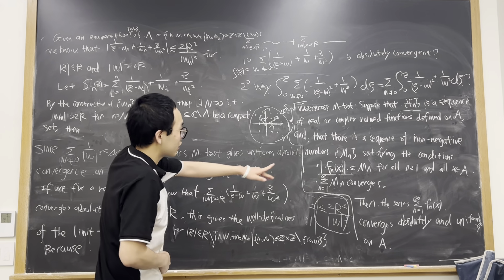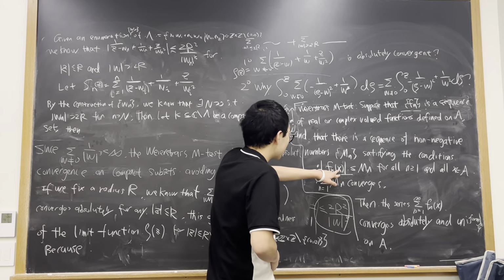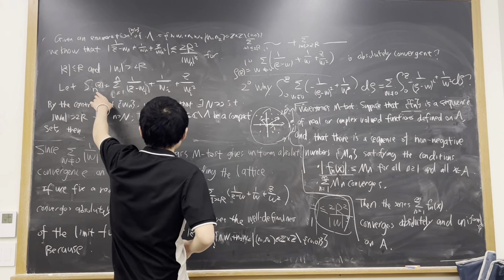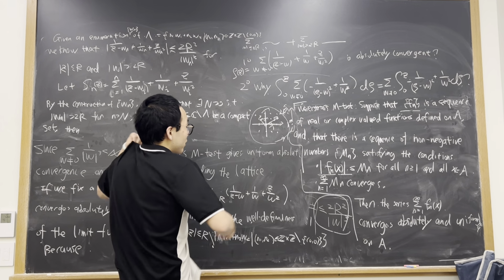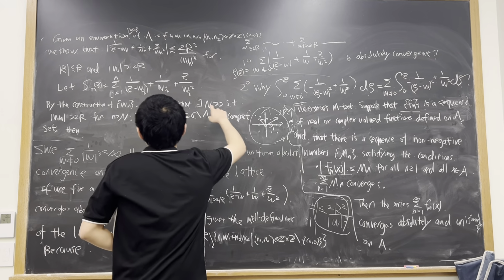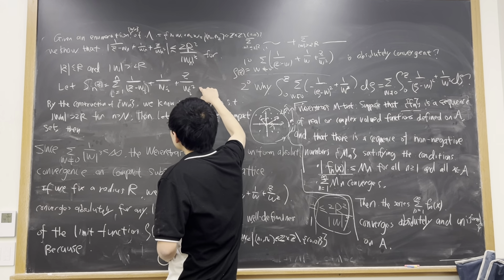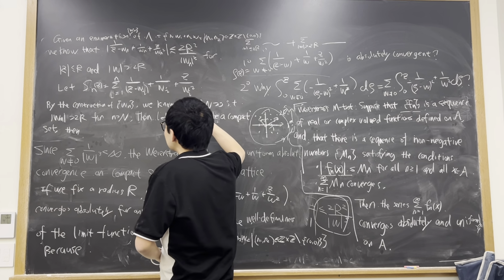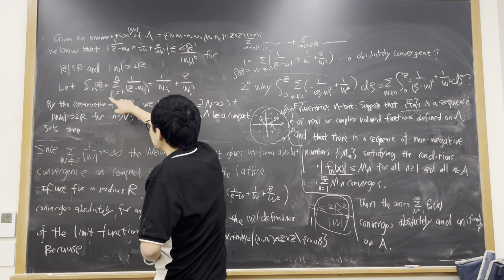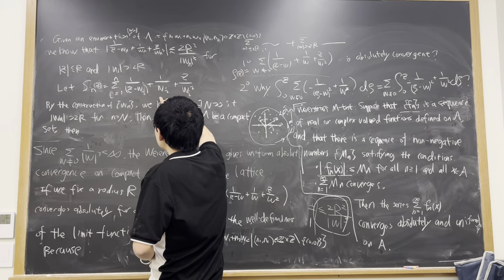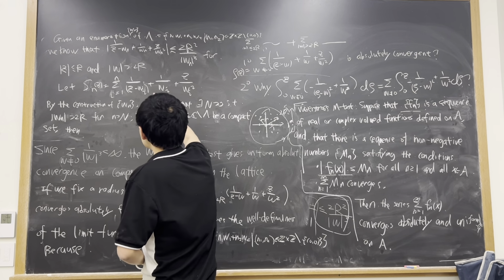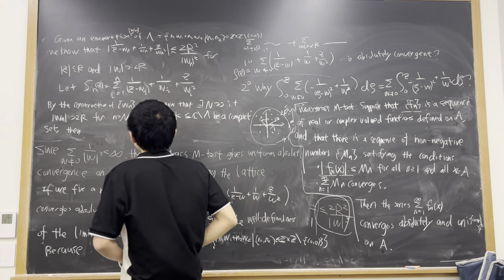These fn's should correspond to the partial sums, but for the upper bound, we can only construct the upper bound for each of the summand terms. So the upper bound for this Sn is just the sum of the upper bounds of the summands. So we want to construct the upper bound for the summand terms.